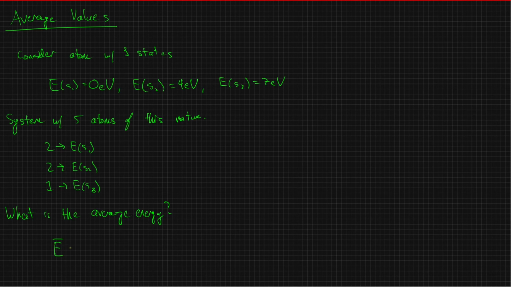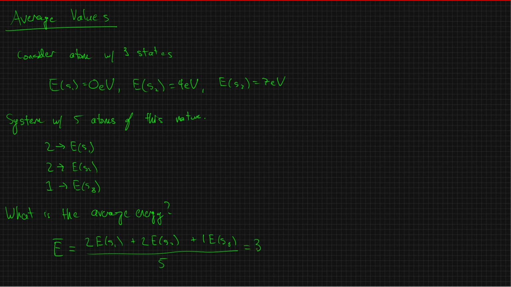Easy question. And we'll write averages like we did earlier in the book, so just put a bar over something to denote the average. So one way to do it is we could take 2 times the energy of state 1, because there are 2 in there, plus 2 times the energy of state 2, because there are 2 in there, plus 1 times the energy of state 3, and then just divide by the number of atoms, so 5.